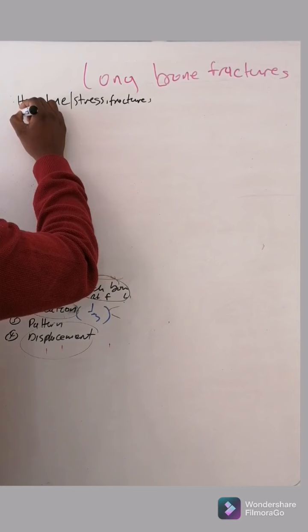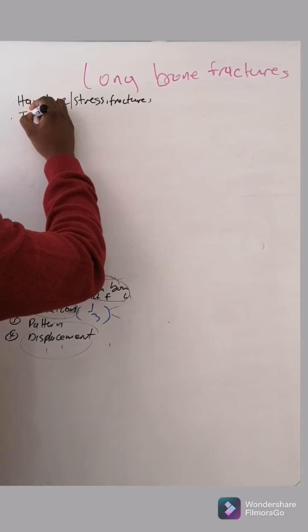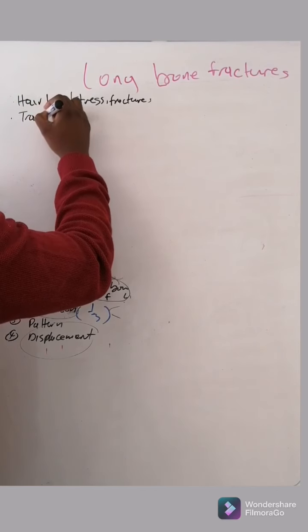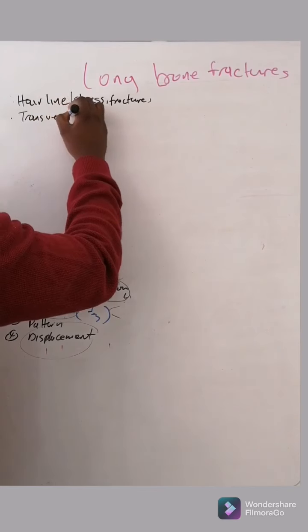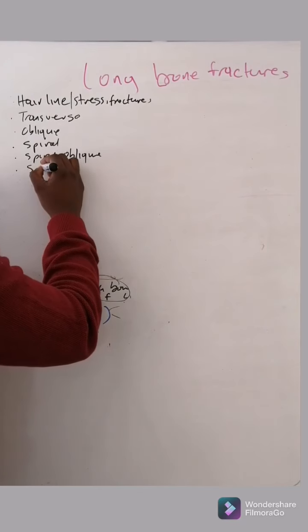And then we have a transverse fracture, an oblique fracture, a spiral, or a spiral oblique, we have segmented.